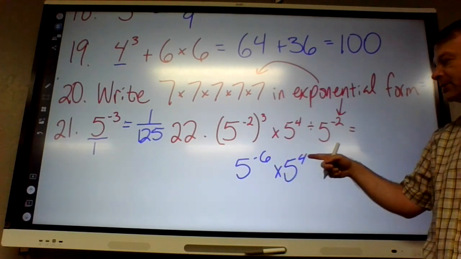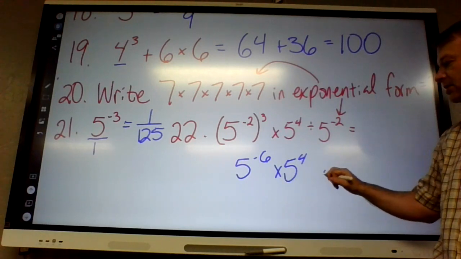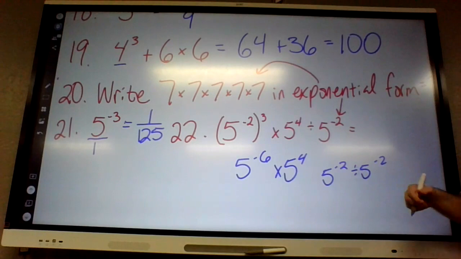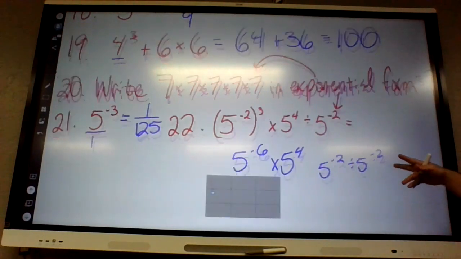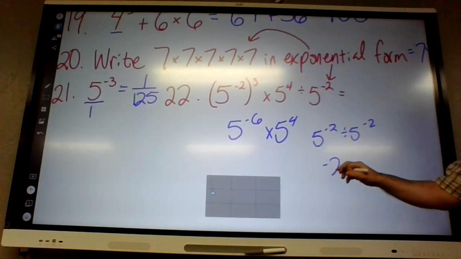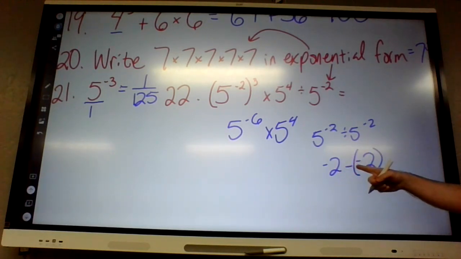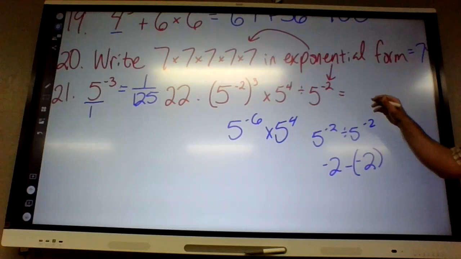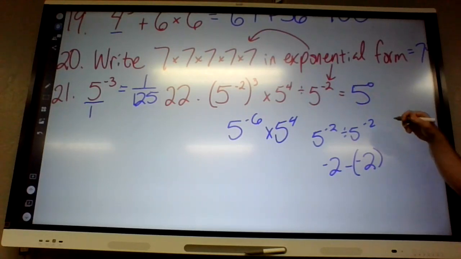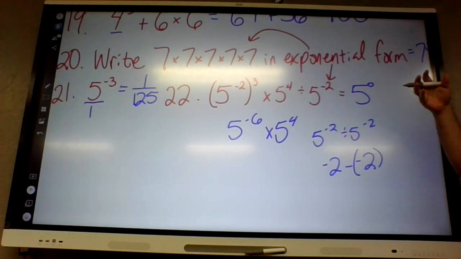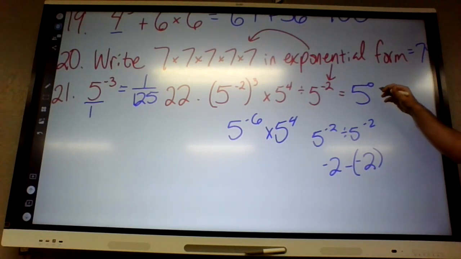So that would be negative 2. Okay, and then what do we do here? Subtract. Yeah, negative 2 minus negative 2. So it's like negative 2 plus 2, which is 0. If it's 5 to the 0, you could leave that, that'd be full credit. I doubt the one on the test is to the 0 power, I don't really know though. Or you could just put 1, it doesn't matter.